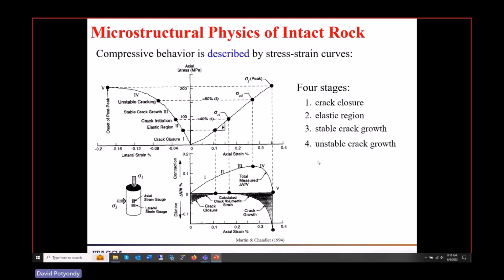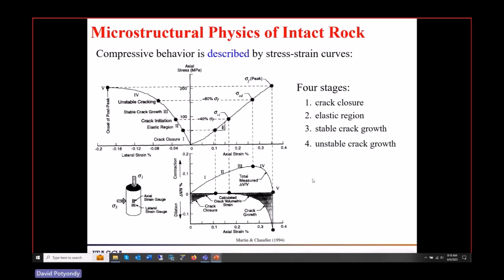And so what people do to try to gain confidence and so-called validate these models is you say, okay, if I want to calibrate my model properly, I need to know this data for the rock, and then I need to basically do things to the microstructure so that I can match these different points. Okay. Many people who do this modeling do this for Lac du Bonnet granite because the data actually exists for all these different points.